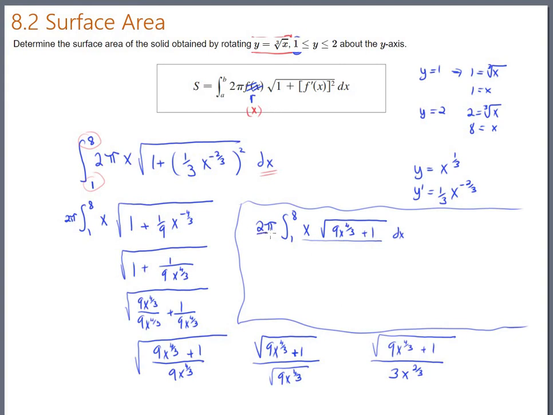I'm going to go ahead and move the 3 all the way out front. And I'm going to put the x to the 2/3 next to this other x that's outside the square root because I'm about to cancel those. So a full x divided by an x to the 2/3 is an x to the 1/3.